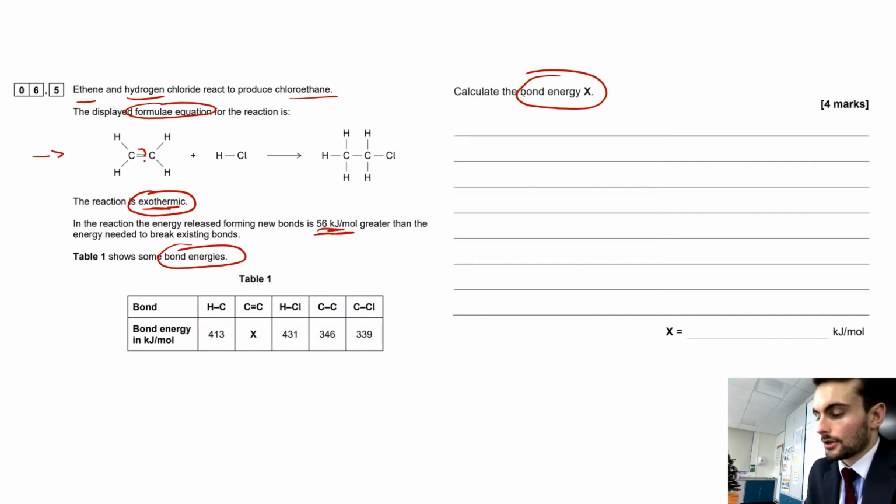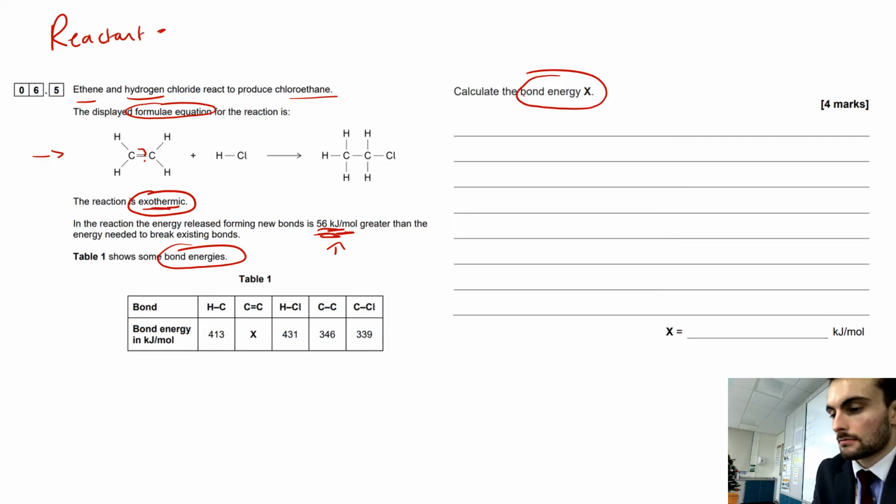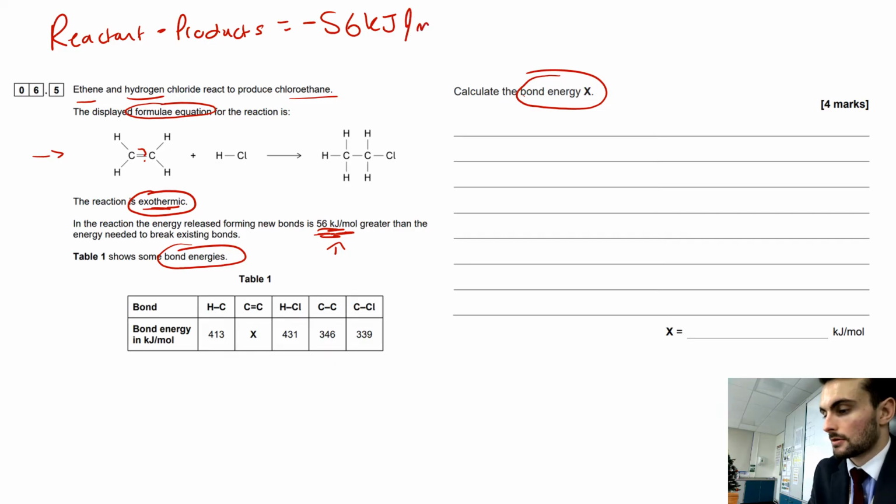We know it's exothermic, so I would always do reactants take away products. So the bond energy of the reactants take away the bond energy of the products is going to give us a negative number because it's 56 kilojoules per mole greater. So it's going to be minus 56 kilojoules per mole.